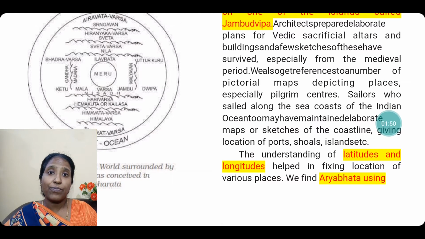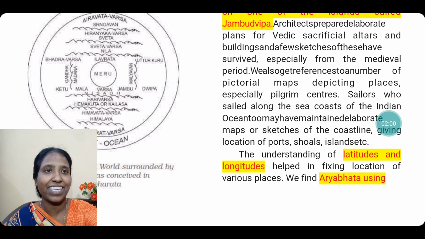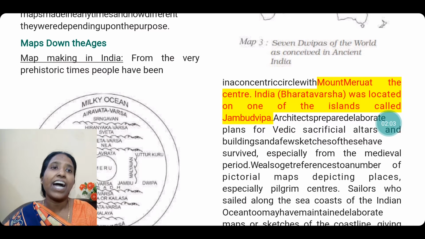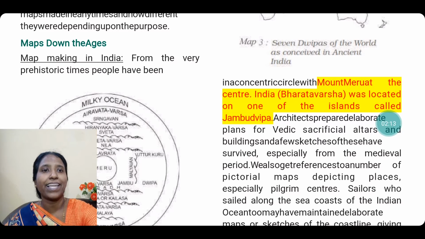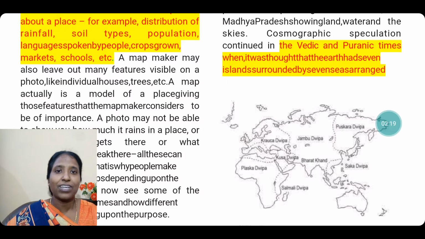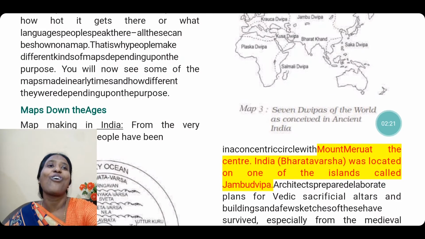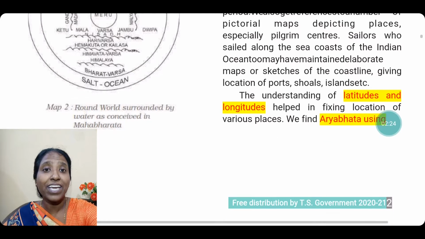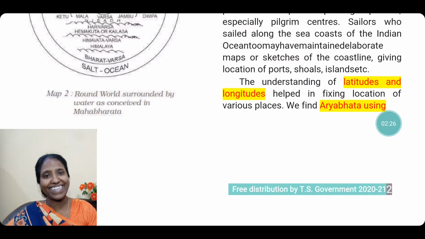This is the model of the map made by the prehistoric Indians, wherein they have put Mount Meru at the center, and they believed that the earth consisted of 7 islands and 7 oceans surrounding, and that in one of those 7 islands, the Jambudvipa island, our India, Bharatavarsha, existed. So you can see that it was true, that is, we have the 7 continents, right? So that is what we see, the genuine information of our Indians, right?